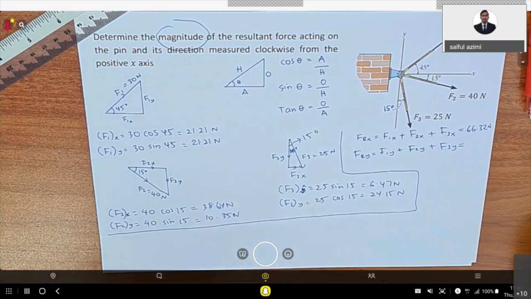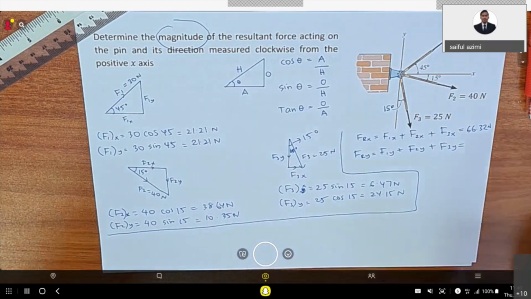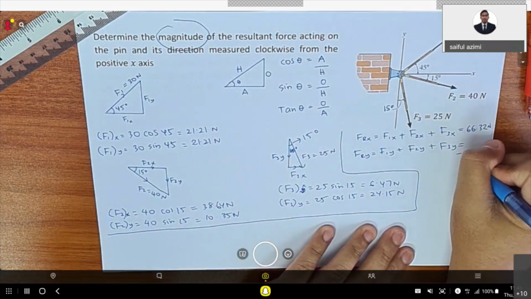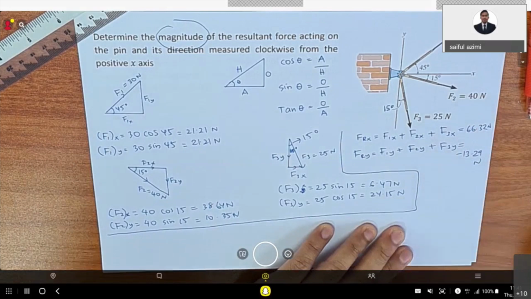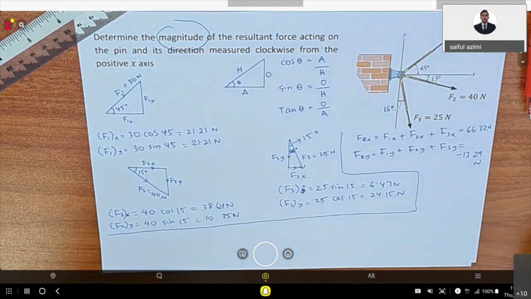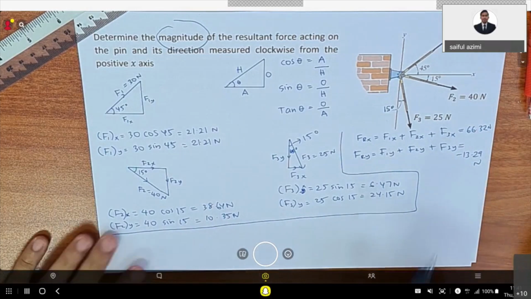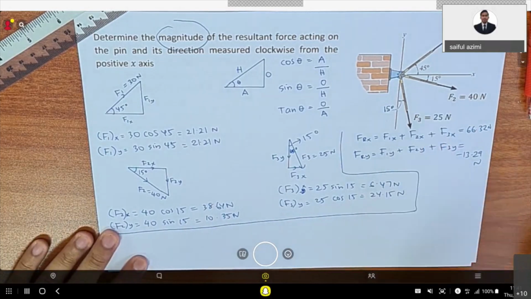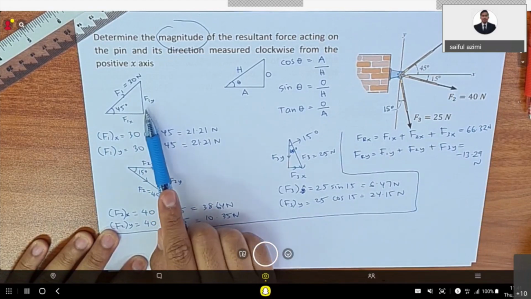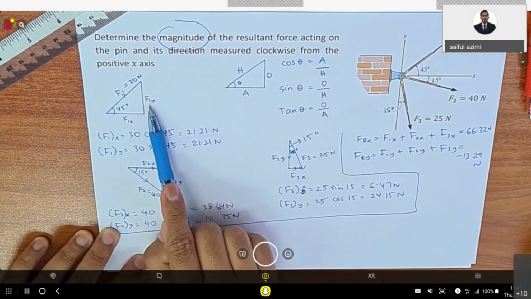So for this one, you will get the value of negative 13.29 Newton. Can you explain to me what is the sign for F1y? Is it positive or negative?